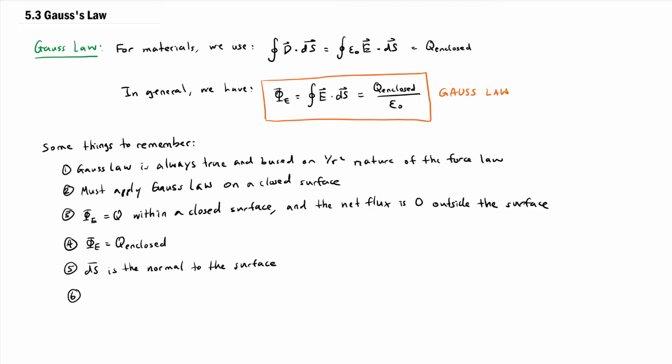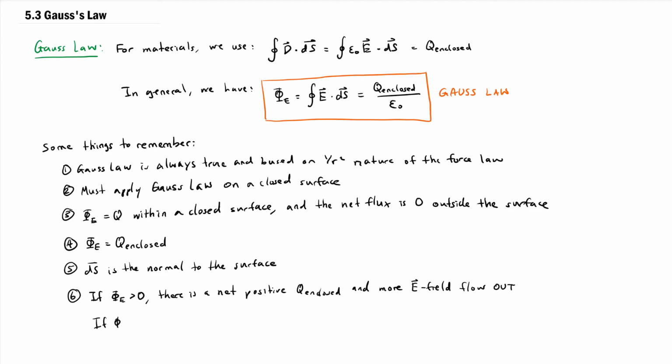And finally, number six, as we discussed in the previous lecture, if the electric flux is positive, there is a net positive Q enclosed and more electric field flows out.